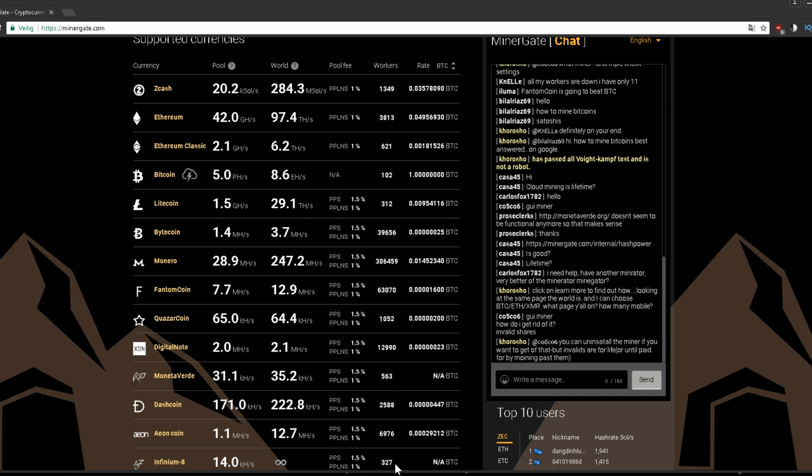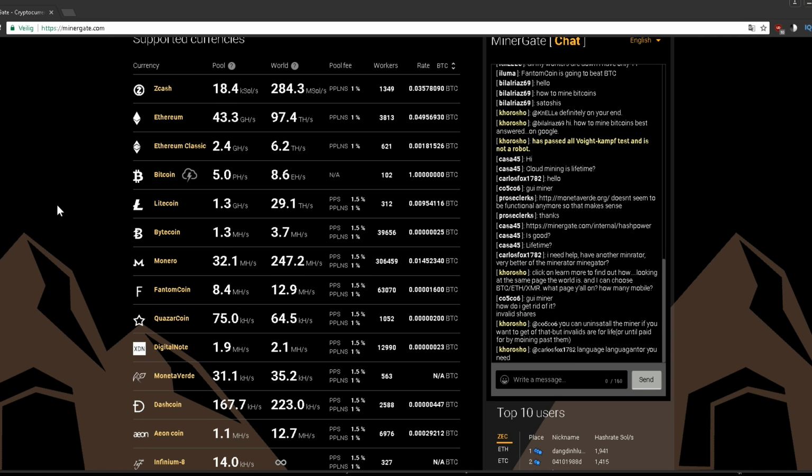There is still people mining these coins, and that is sad because they're mining something that is useless. Minergate could do this a little better and remove these coins so that people don't actually mine them anymore, but hey, it's not Minergate's responsibility to teach people what is good and what is not good, because the development of these coins is out of Minergate's control.